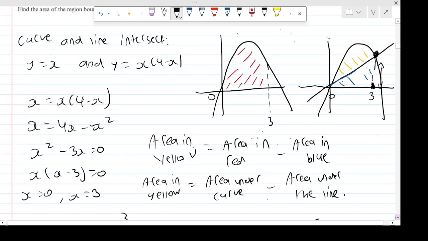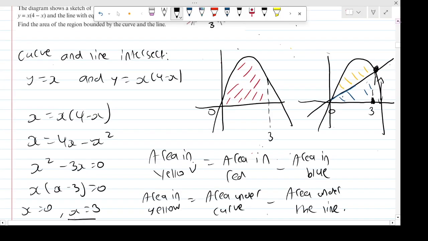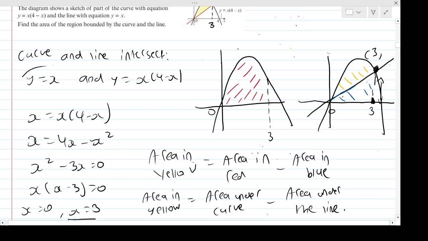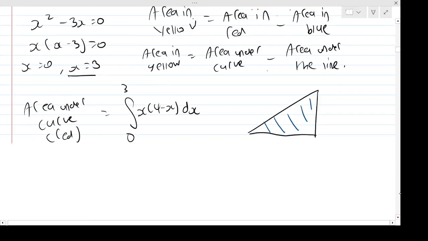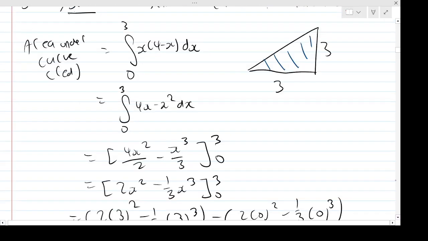We saw that the intersection point's x coordinate is 3, but for the y coordinate, if we sub x is 3 into either equation, y is equal to x, so y would be 3 as well. So we've gone up by 3, so the height is 3.